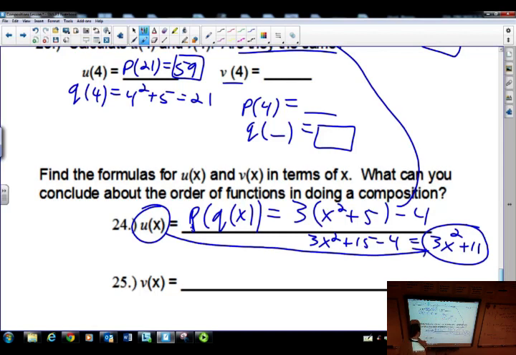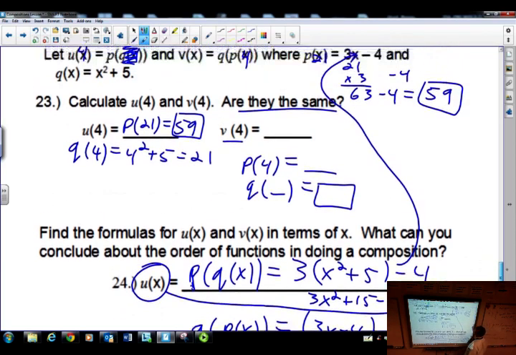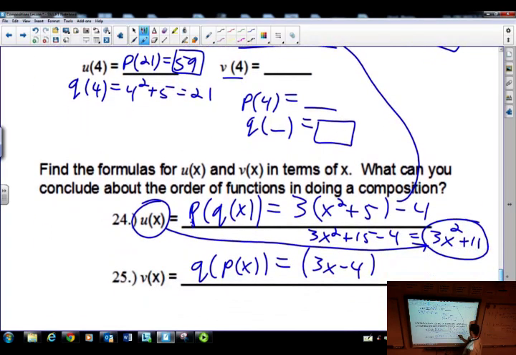Okay? So then you want to do the other way around now, because v of x is equal to q of p of x. So we take 3x minus 4 and put that in place of x in x squared plus 5.